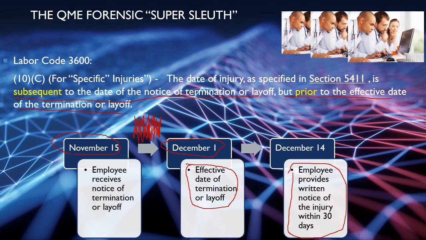So if the employee provides written notice of injury, even though it's filed in the post-employment period, since the date of separation is December 1st, as long as this claim is filed within 30 days and the date of injury is in between the date of notification of termination or layoff and the effective date of termination or layoff, the claim can move forward.